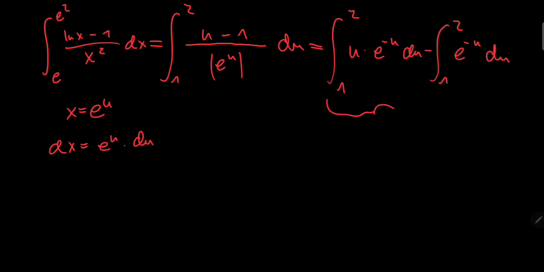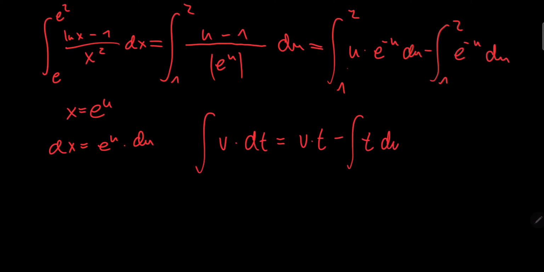To evaluate this first integral here, we want to use integration by parts. So let's just recall the integration by parts formula. If we have an integral of the form v times dt, this is the same as v times t minus the integral of t times dv.